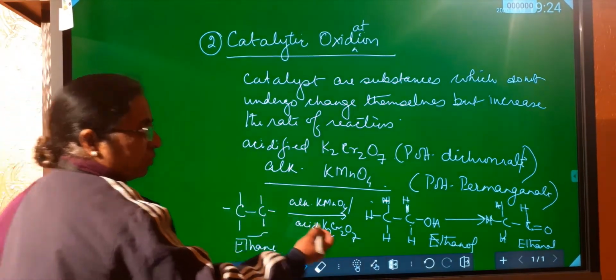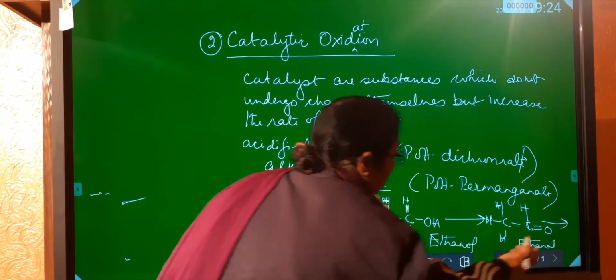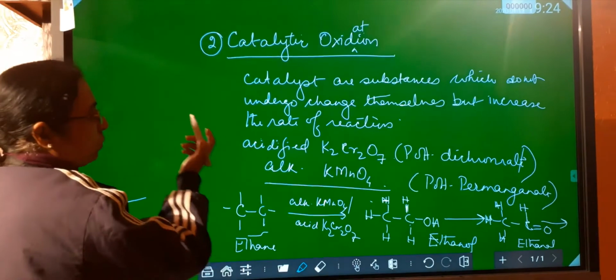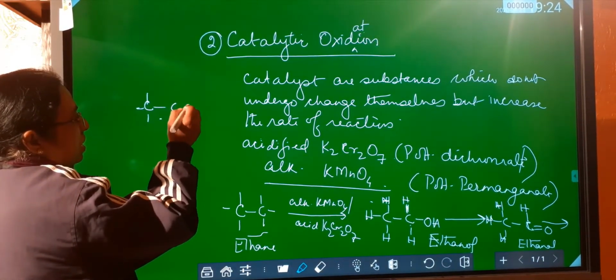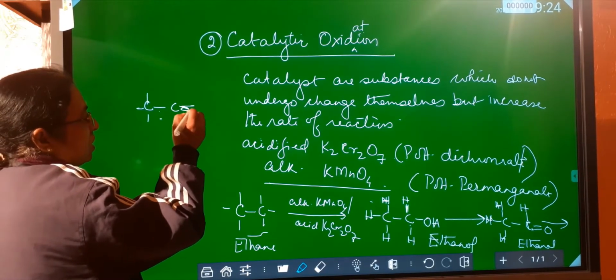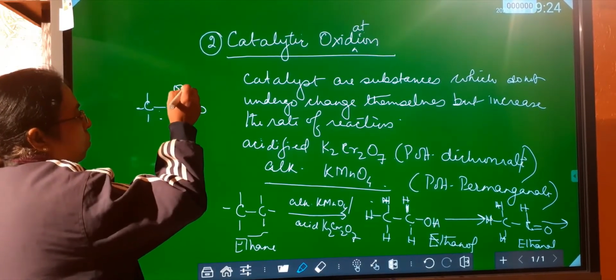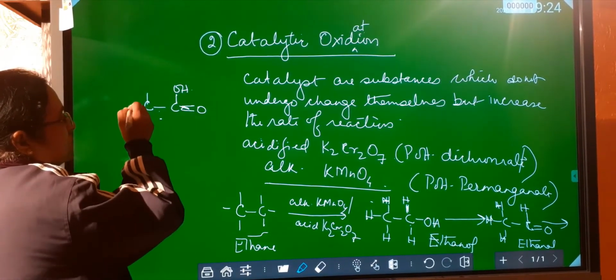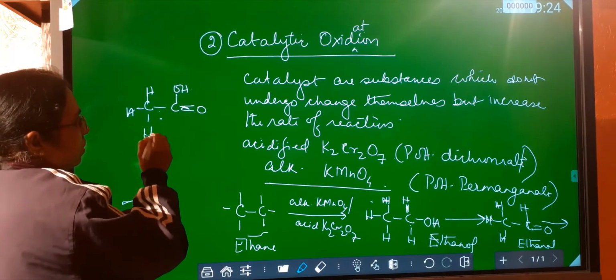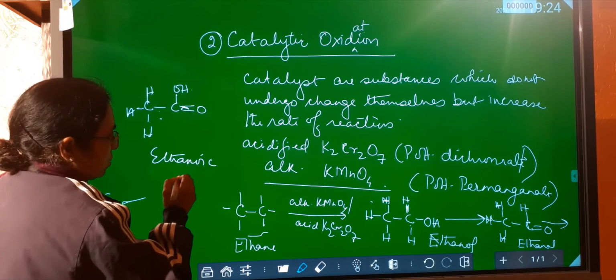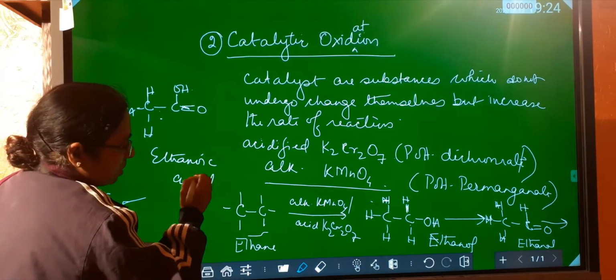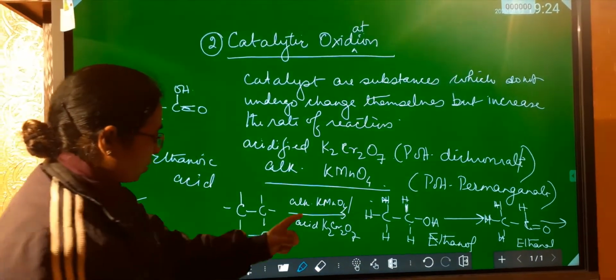When you continue this catalytic oxidation, finally what you will get is CH3COOH. Alright, so this is an acid, known as ethanoic acid. So remember, this is a very important reaction, catalytic oxidation.